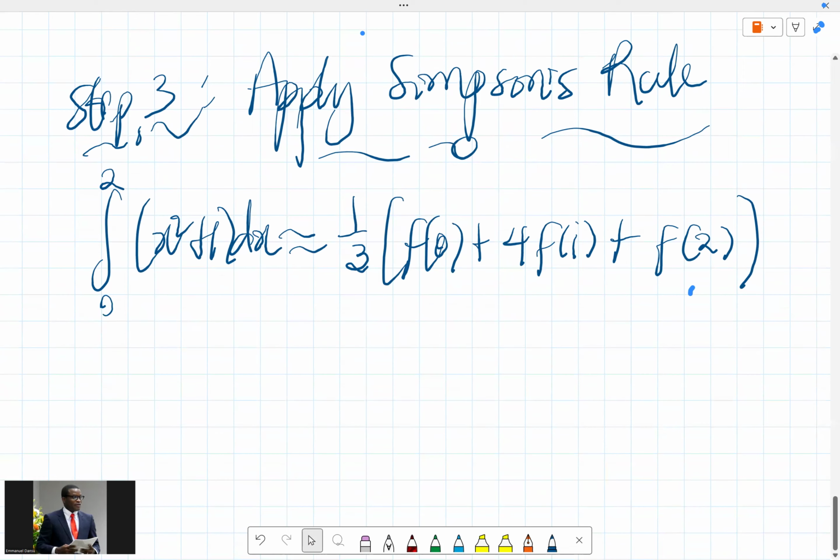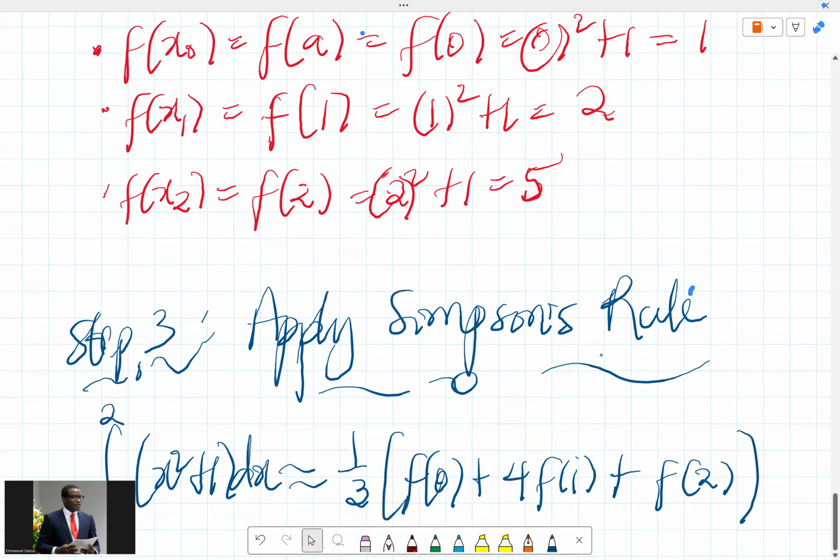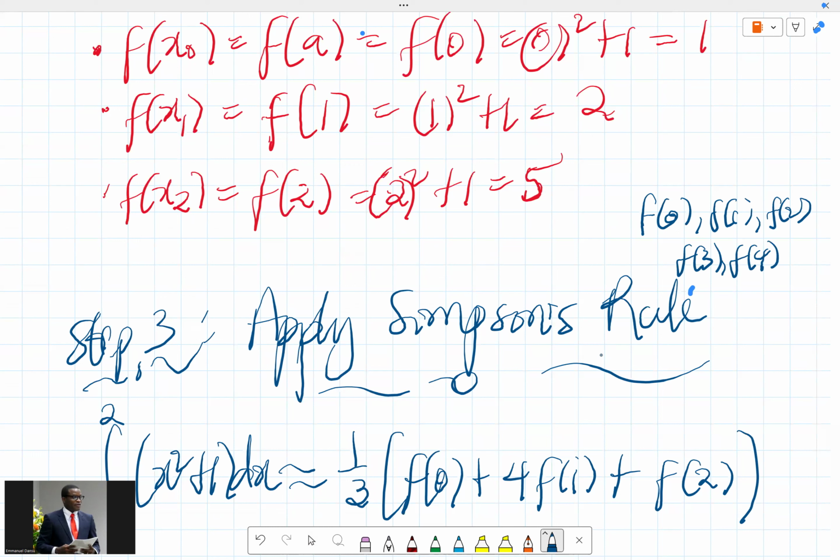If, for instance, we had f of 0, f of 1, f of 2, f of 3, f of 4, f of 5, and then f of 6, then f of 1 is odd, f of 3 is odd, f of 5 is also odd.